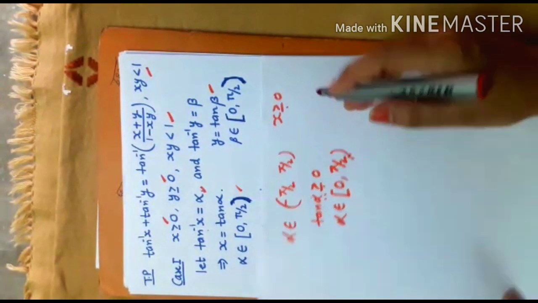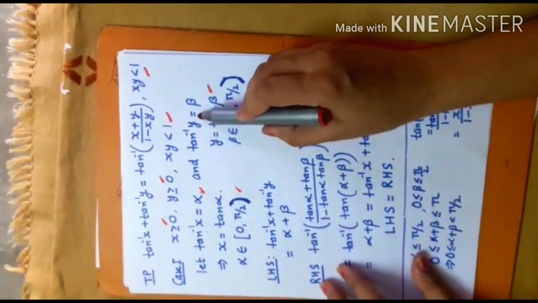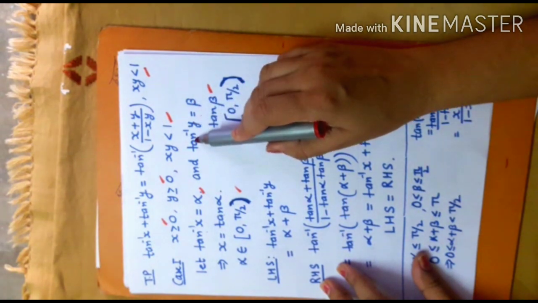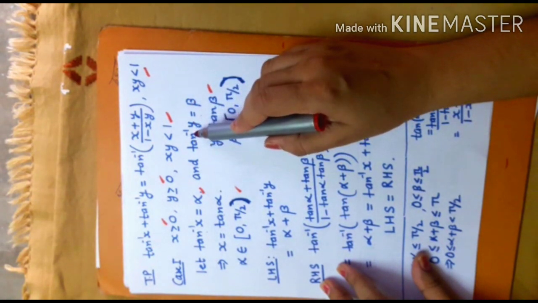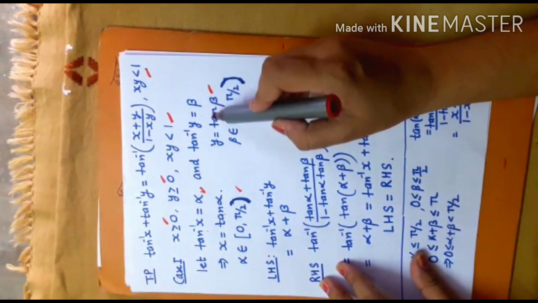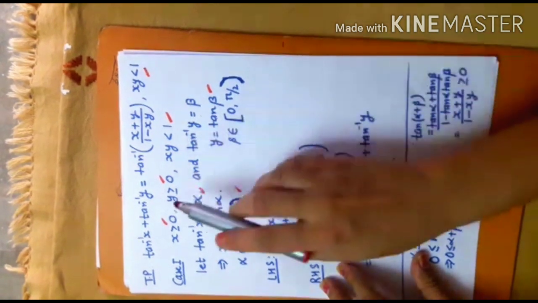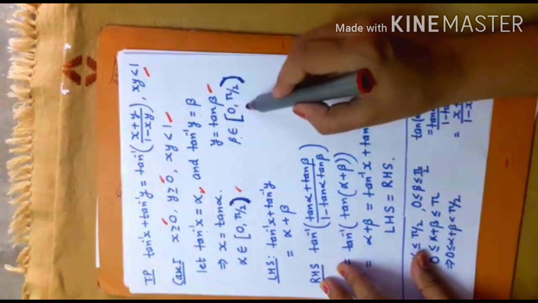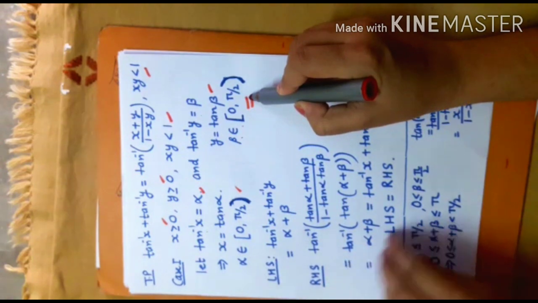Similarly, tan inverse y is beta. Beta will also belong to the principal value branch of tan inverse, which is the open interval minus pi by 2 to pi by 2. But because tan beta is equal to y, which is non-negative, beta will belong to the interval 0 to pi by 2, right?